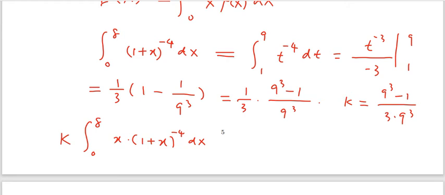So here we have a little bit of math skill. So this is 1 plus x to the -4. We change x to 1 plus x minus 1.